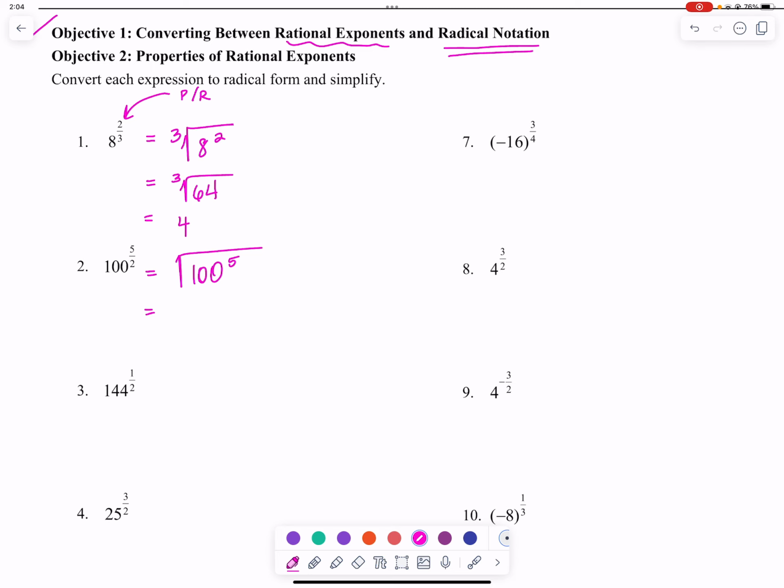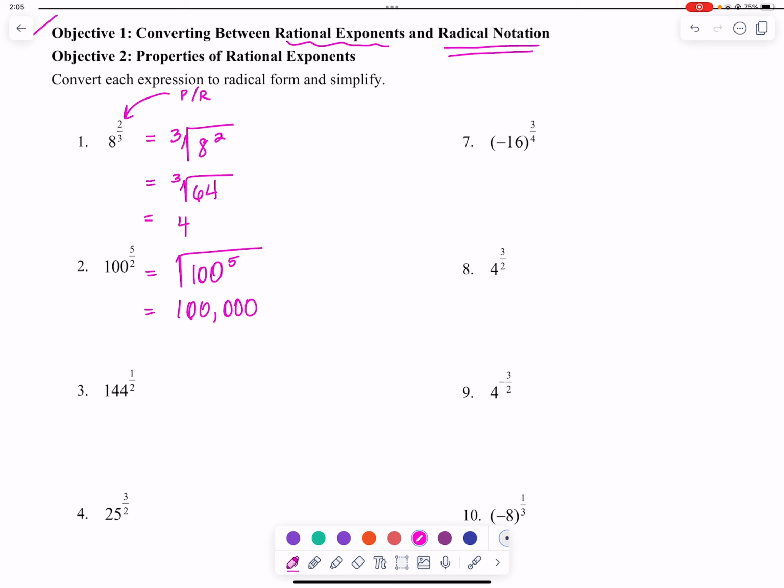And you can put that in your calculator and then see that the square root would be 100,000. Basically what you have here is 2 zeros 5 times. So when we take the square root, we would only have 5 zeros.